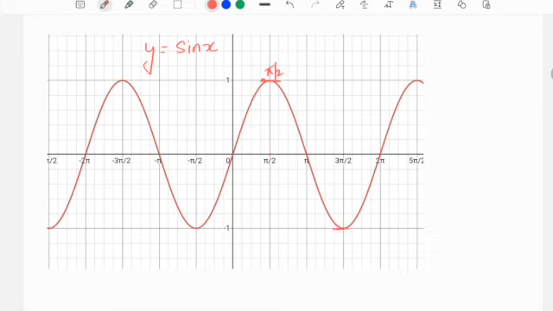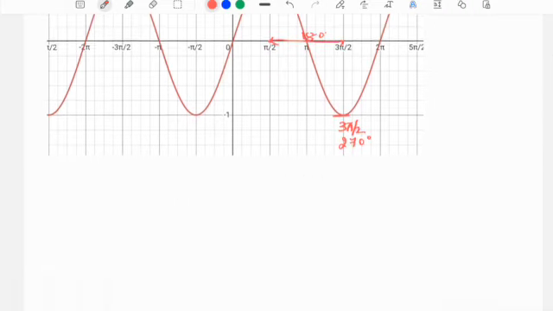The minima, another turning point, is at 3 pi over 2, which is 270 degrees. So the turning points happen every 180 degrees, starting at 90 degrees, and there is another turning point here as well. That is a normal sine curve.